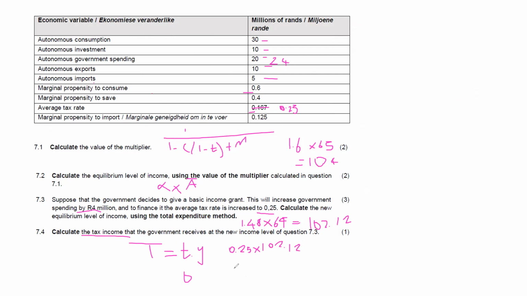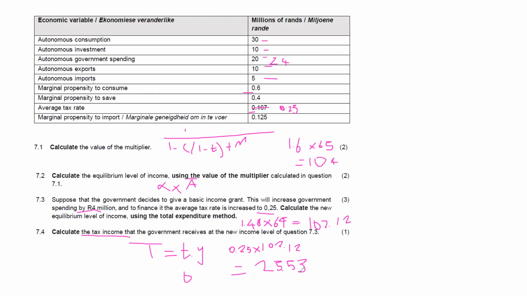So 0.25 times 102.12, you're going to get 25.53 million. This is millions of rand, so 25.53 million.